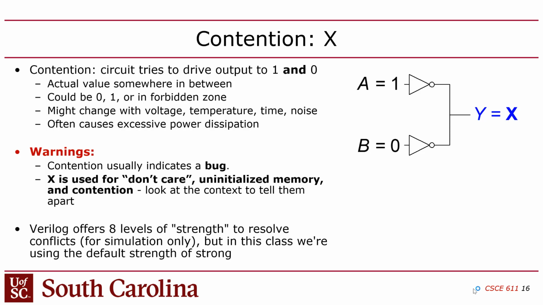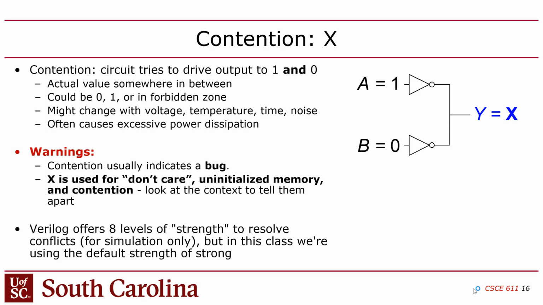And this is, as I mentioned, the most common issue that will come up in this class: you're double driving a net. So this is the third logic value, X. Now, Verilog also does this thing I don't like, where it also uses X for a don't care. You remember don't care from 211? Don't care is when you don't care what a value is and you want to take advantage of that for the optimizer to minimize the circuit.